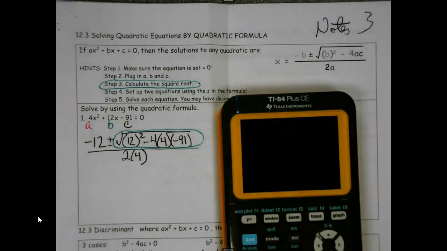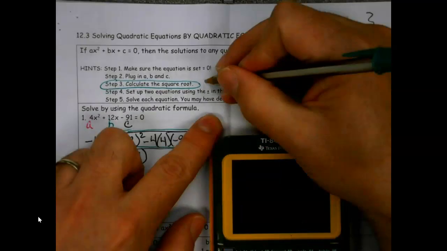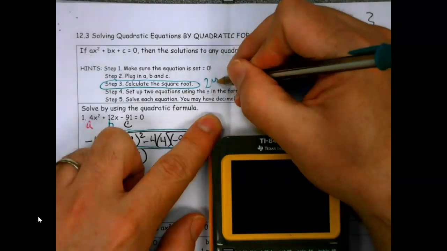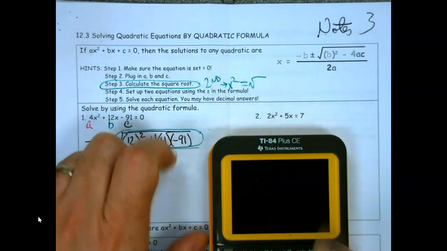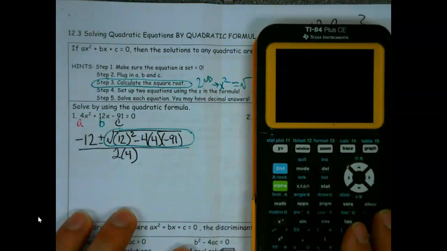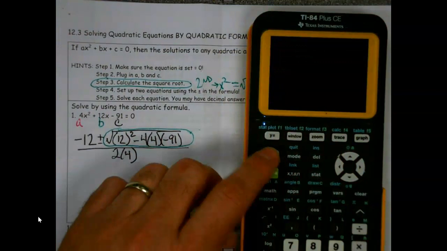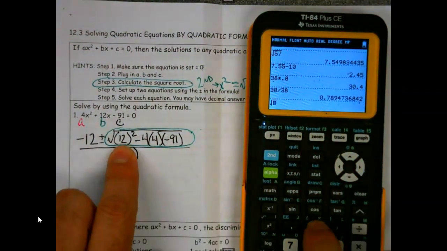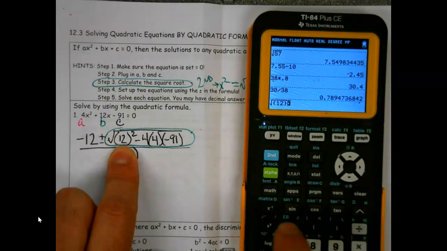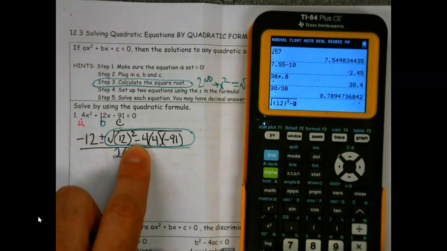So reminder, if we need to remember how to find the square root button, it's second and x squared will get me the square root. So let me pull this up. Second and x squared, there's my square root. I'm going to type this in exactly as I see it.